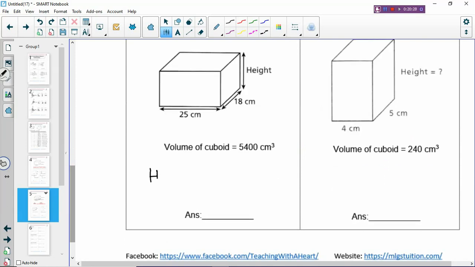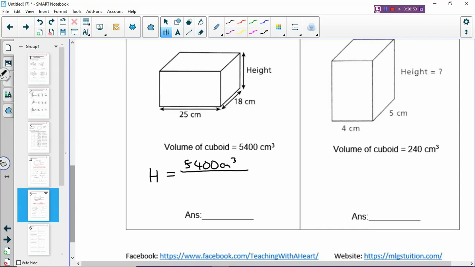So the height of the cuboid is equal to the volume of the cuboid as well. So remember, the height of what you are finding must refer to the same as what the volume is the volume of. If you want to find the height of the cuboid, then you must know the volume of the cuboid as well.